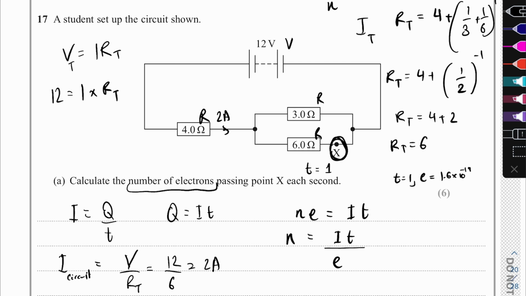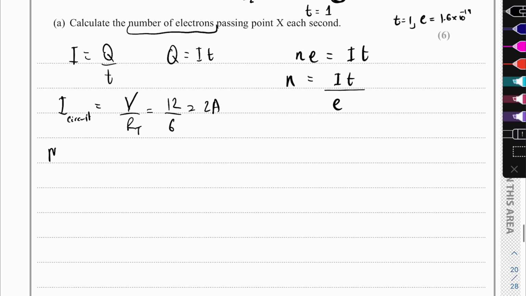The resistances are in parallel. So we have 2 amps, I1 and I2. So where does the current usually favor? We know the more current will favor the least resistant path.